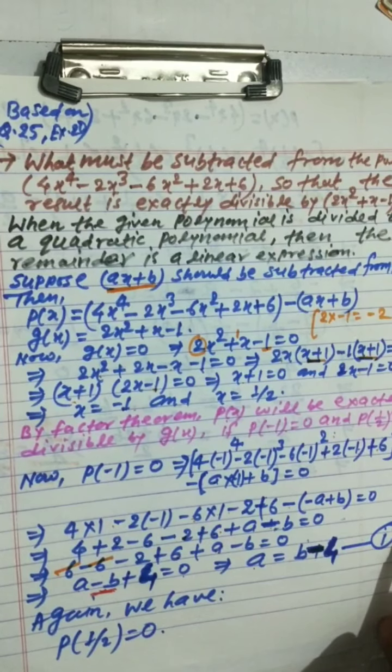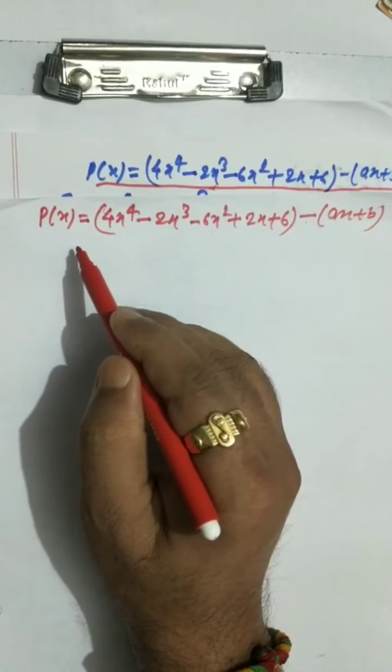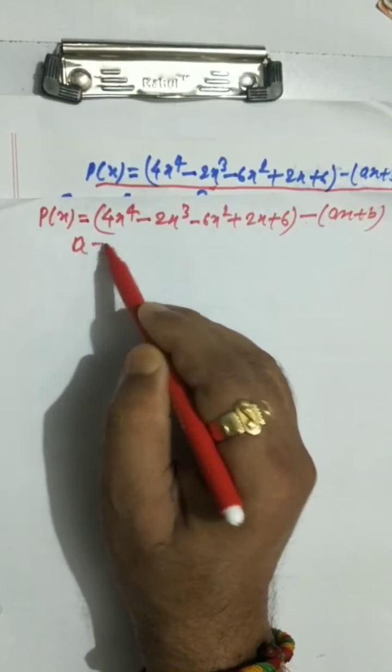So let us solve it. Your polynomial is p(x) is equal to 4x raised to the power 4 minus 2x cube minus 6x square plus 2x plus 6 minus ax plus b, and the value of a we have found is b minus 4.